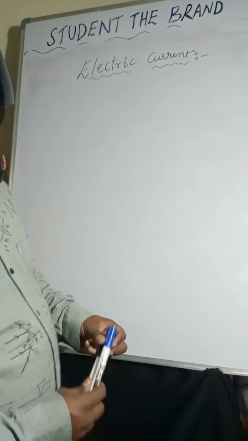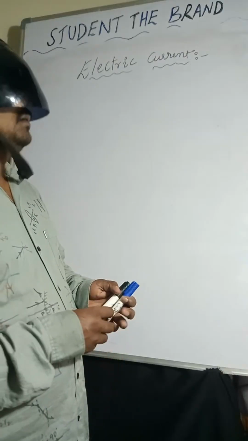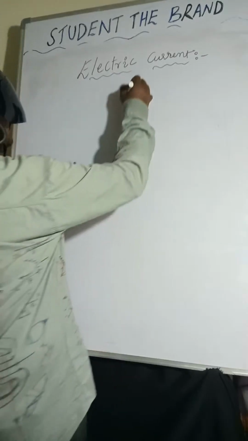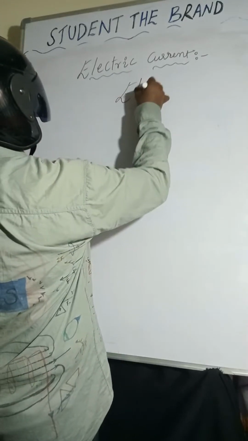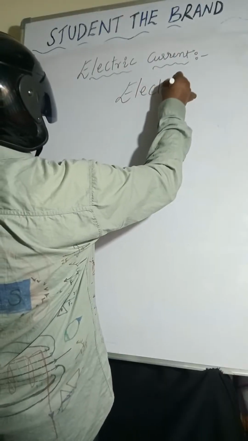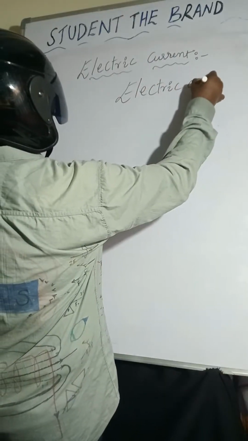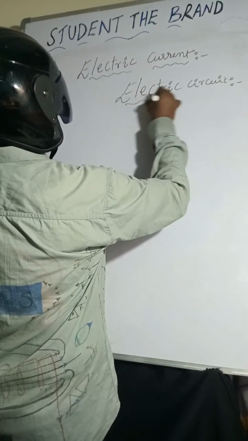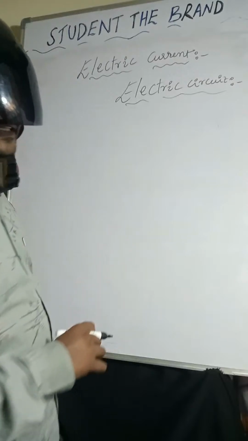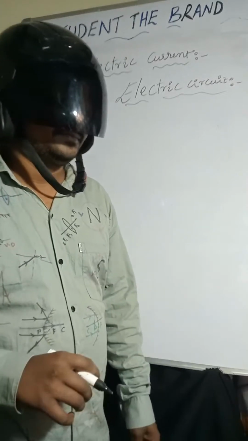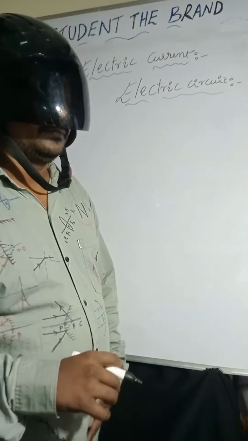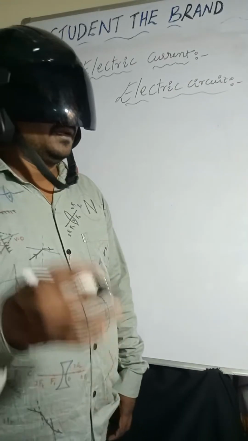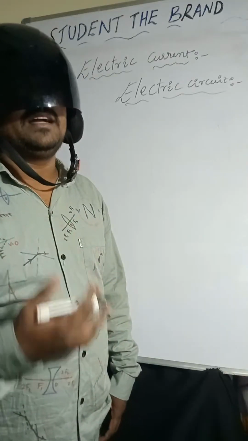Now, electrical circuit. An electric circuit is nothing but a continuous and closed path of an electric current.